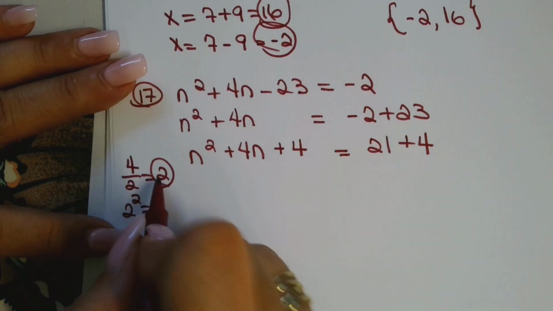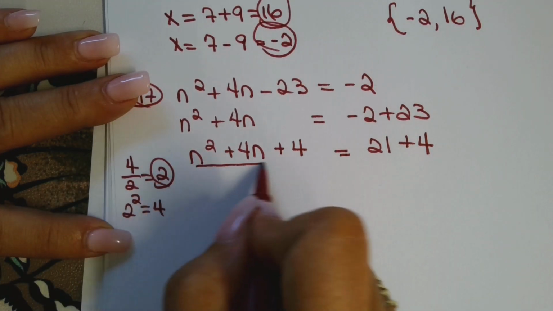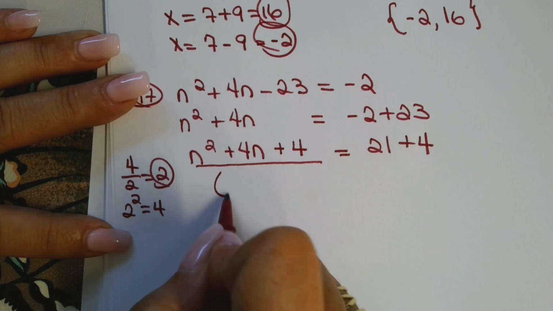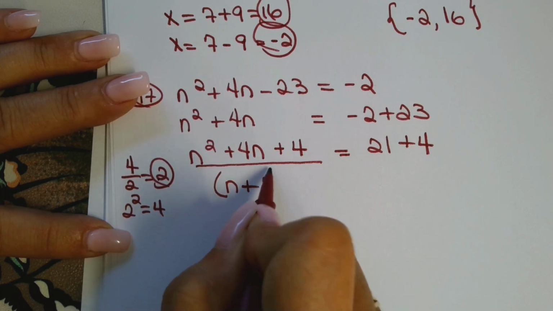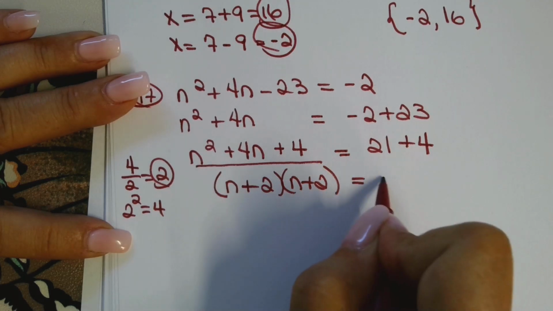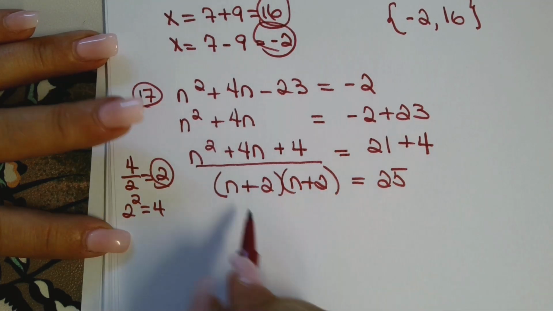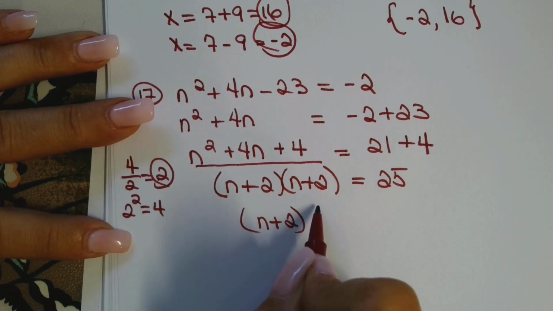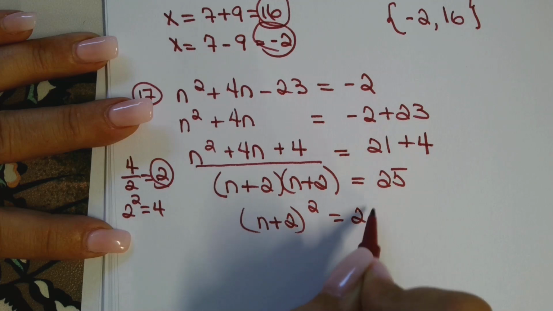And remember, I told you to remember the 2. This is a perfect square trinomial, so this will be n plus 2 and n plus 2, and this is 25. This can be rewritten as n plus 2 squared equals 25.